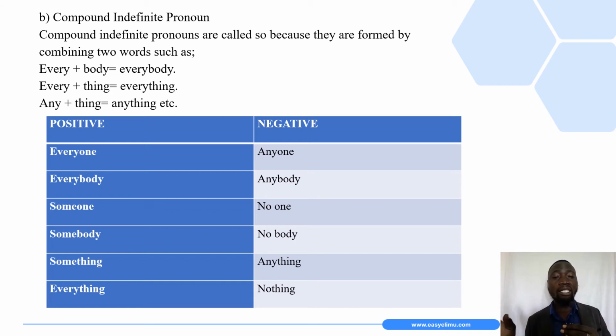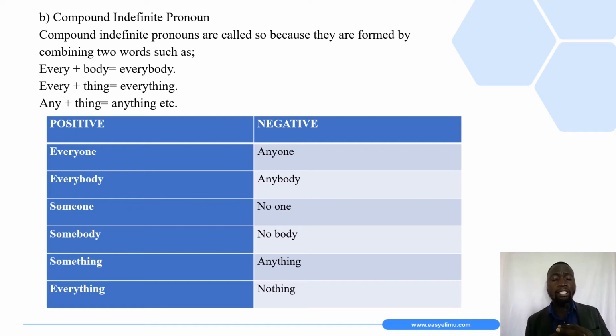Anything compound consists of two things. So they consist of two words such as every and body, forming everybody. Then we have every plus thing, forming everything. We have any and thing forming anything, and so on. So they are very many.